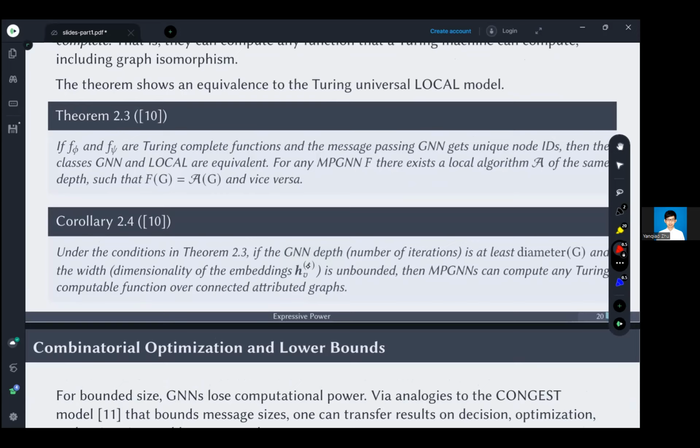If you have an infinitely large graph neural network model, meaning that your depth is at least the diameter of the graph, and the width, the dimensionality of each node embedding, is unbounded, basically going to infinity, then your graph neural network model can compute any Turing computable function over the computational graph. But this is not possible in practice, right? It's just an asymptotic result.